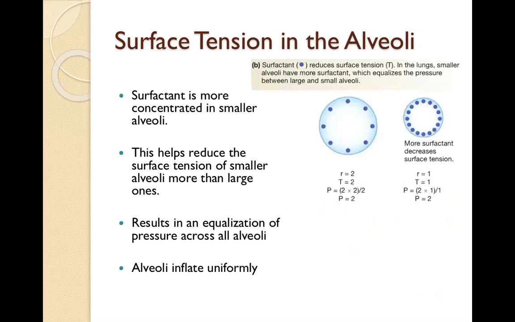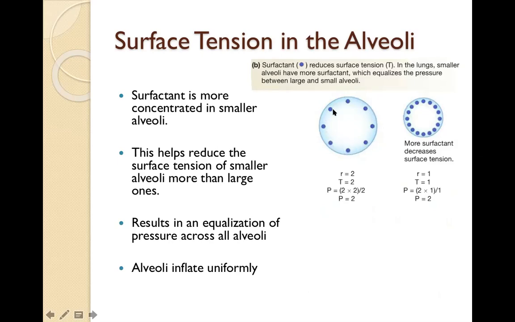And the way that it does that, it's very clever the way that the body works out. If you think about a large alveolus, imagine this is a large alveolus, and each of these blue dots is surfactant. Well, in a large alveolus, you can see that the surfactant molecules are less concentrated.